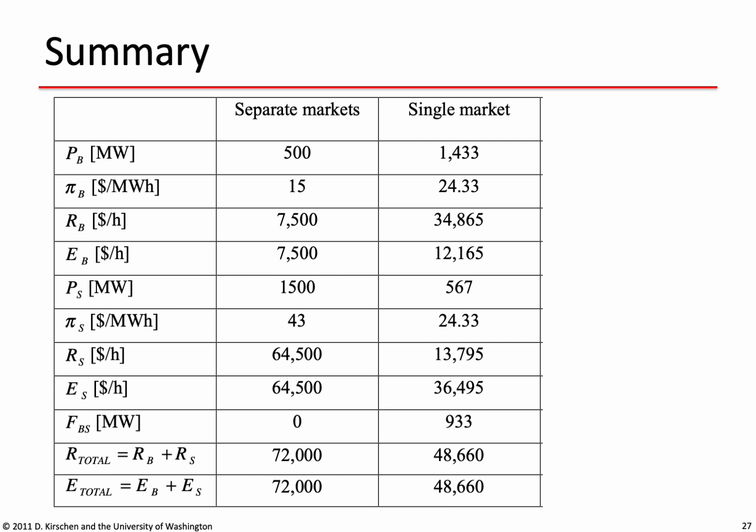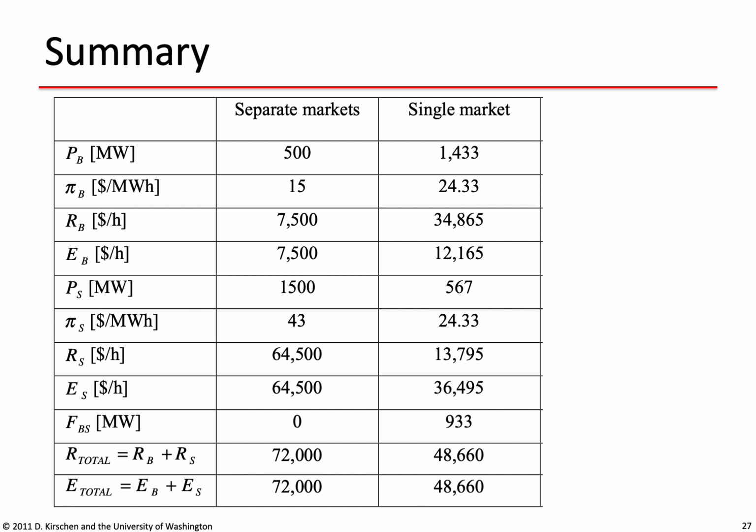So the Bordurian generators would collect a revenue RB of 24.33 times 1,433, which is 34,865. The Bordurian consumers would pay the single market price, 24.33, times the demand in Borduria, which is still 500. So they would pay 12,165.